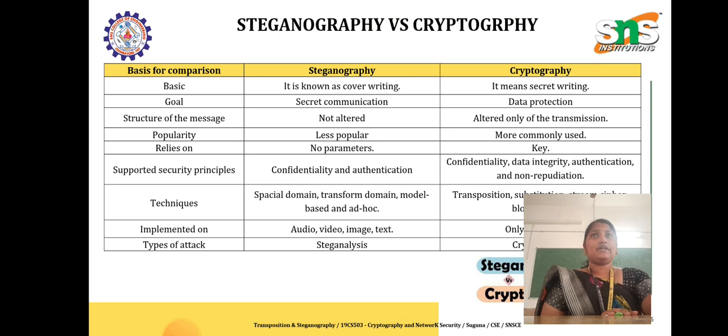Steganography can be implemented on audio, video, images, and text, whereas cryptography is used only for text sources. An attack on steganography is called steganalysis, and an attack on cryptography is called cryptanalysis.